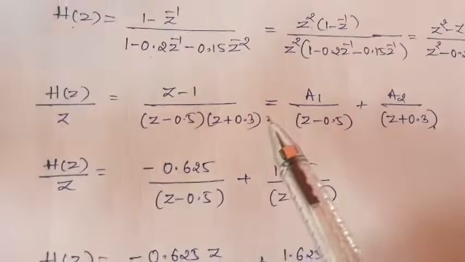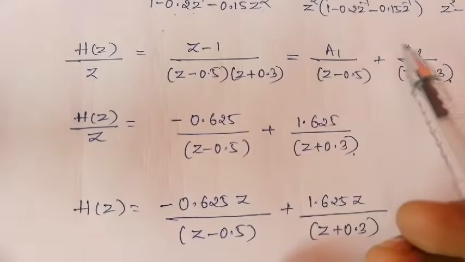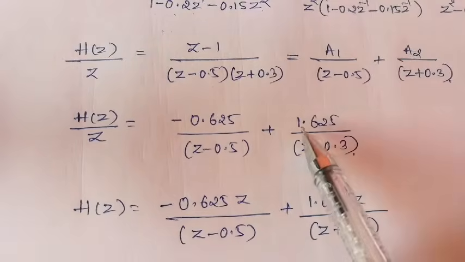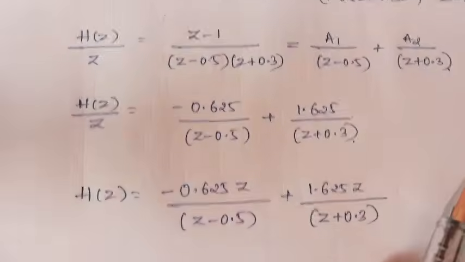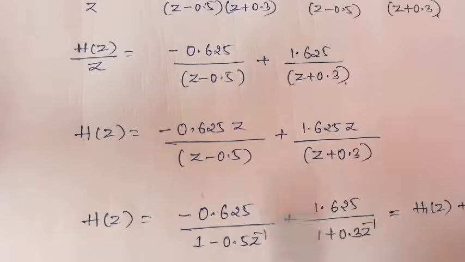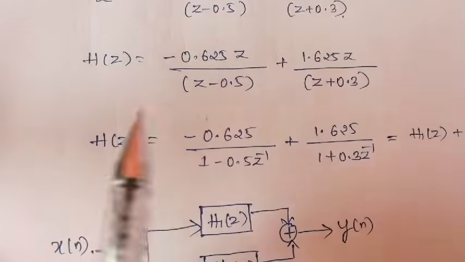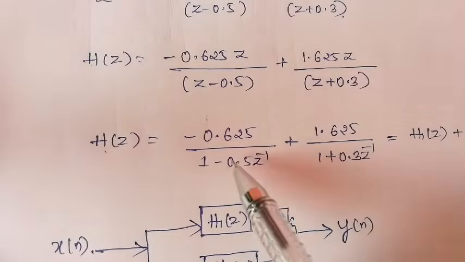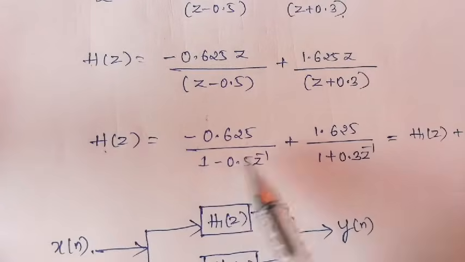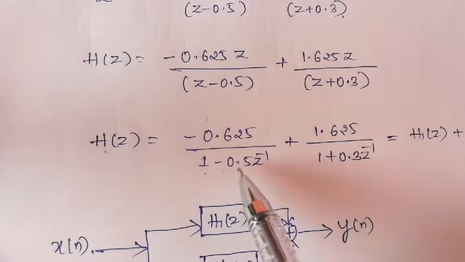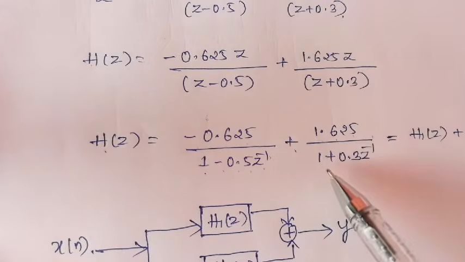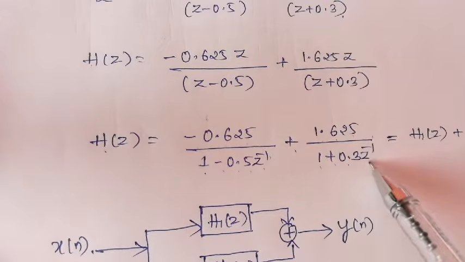Let us calculate the constant terms a1 and a2. After calculating, a1 is minus 0.625 and a2 is 1.625, and I cross multiply the z to the other side to get H of z. Then express H of z in terms of negative powers of z: minus 0.625 divided by 1 minus 0.5 z to the power minus 1, plus 1.625 divided by 1 plus 0.3 z to the power minus 1.